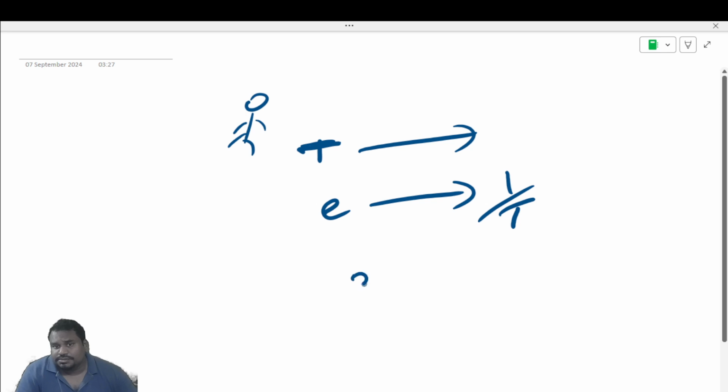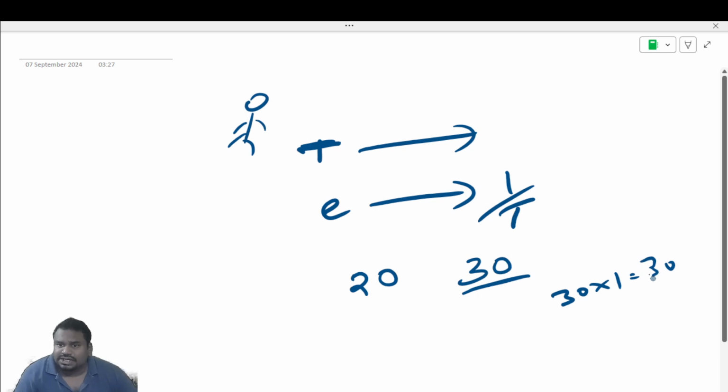Suppose there are 20 and 30, then how to find the LCM easily. I told you one thing: take the larger number, multiply it by 1, then you are getting 30. This calculation should be done in your mind itself. Check whether this 30 is divisible by 20 or not. Will it be divisible?